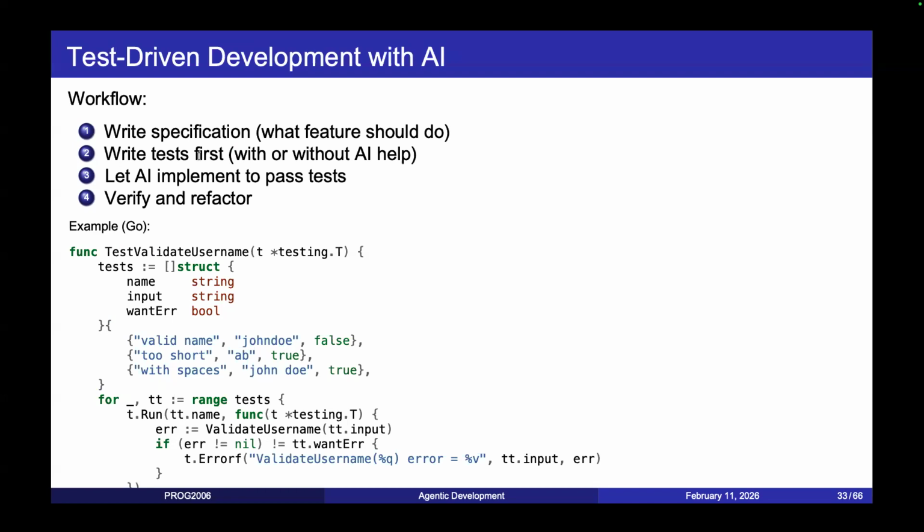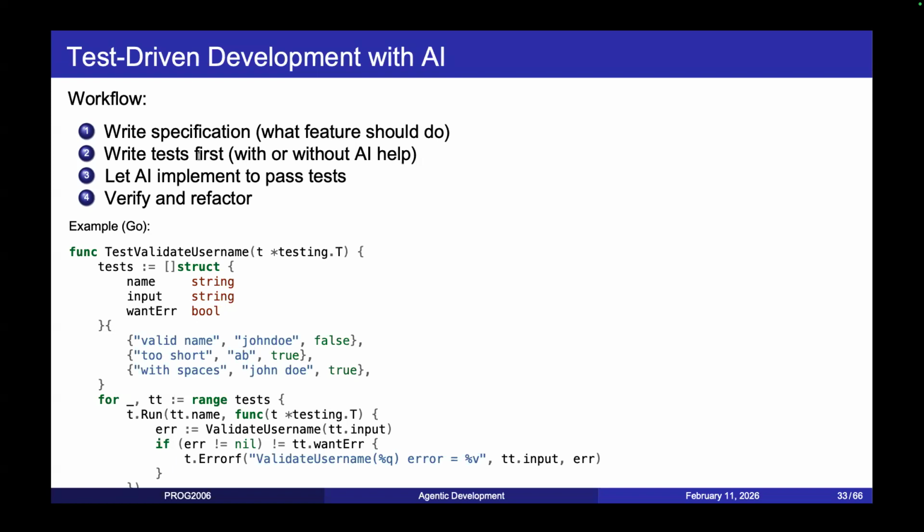Why? The bots are clever, and the bots have the same biases as us. If we write code first and then say, now write me tests for this code, it will only write tests that pass. It will not be able to come up with a test that fails your code, because it already has the code, right?